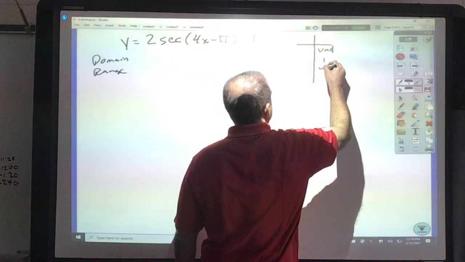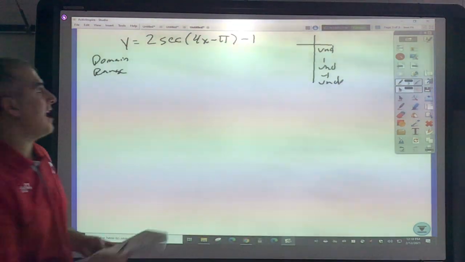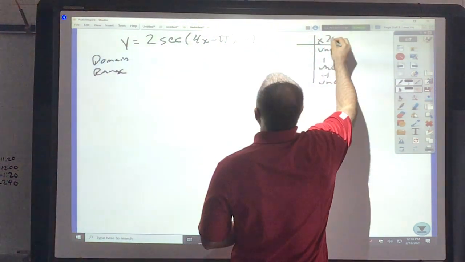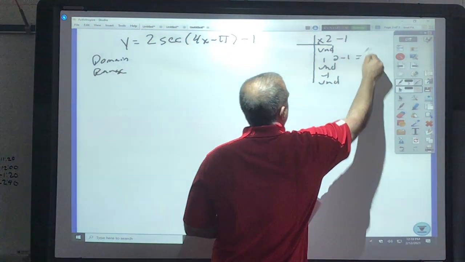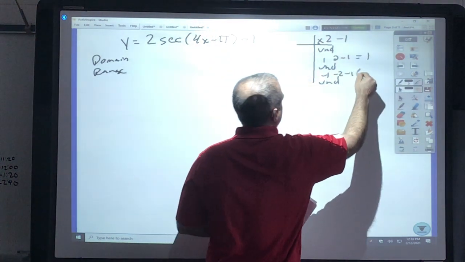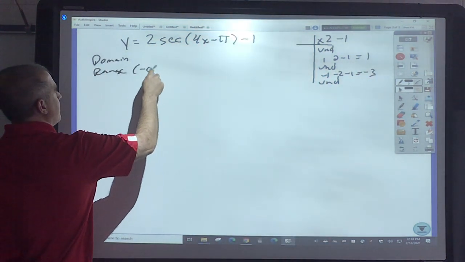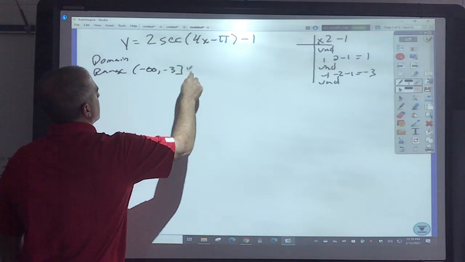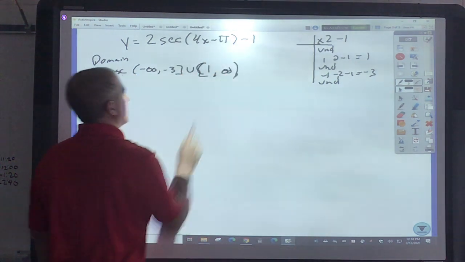Undefined, 1, undefined, negative 1, undefined. Just do one period. So what's going to happen with the values? Times 2 minus 1. So 2 minus 1 would be 1. Negative 2 minus 1 would be negative 3. So my range would be negative infinity to negative 3, union, I would go 1 to infinity.